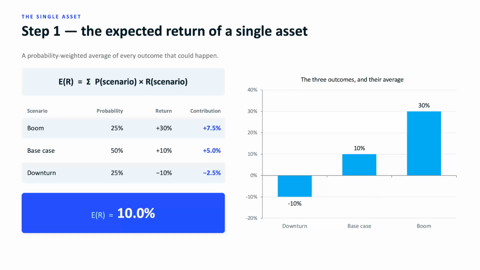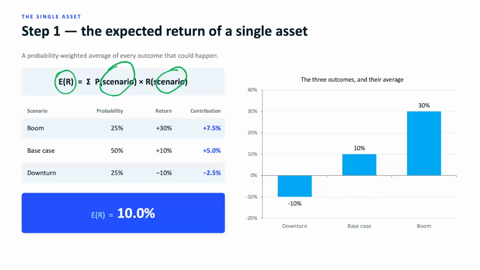Instead of pretending we do, we lay out the possible worlds and weigh them by how likely each one is. So you could have multiple scenarios. We are trying to estimate how the future is going to be. We estimate multiple scenarios and the returns for each of them.